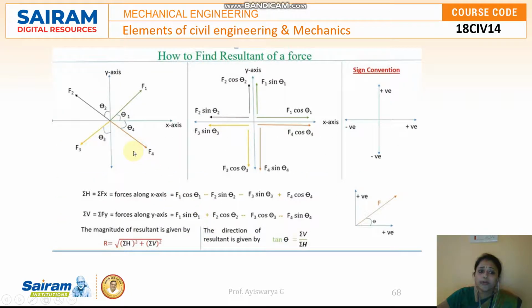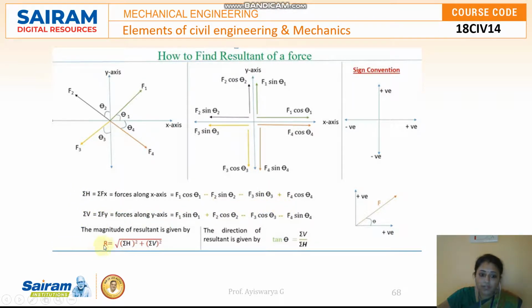How to find the resultant force: here you have four forces and four angles in the four quadrants. As I said, you resolve them into F sin theta and F cos theta. Take the horizontal forces in one condition and the vertical forces in another.